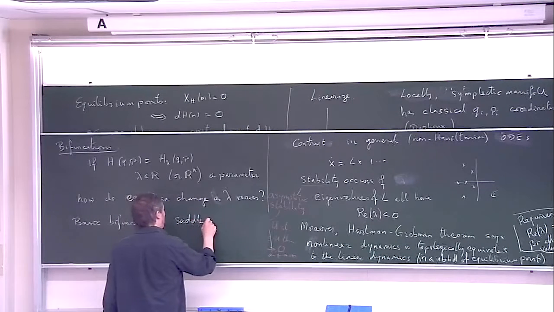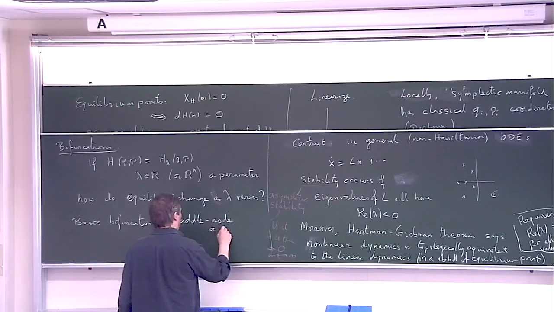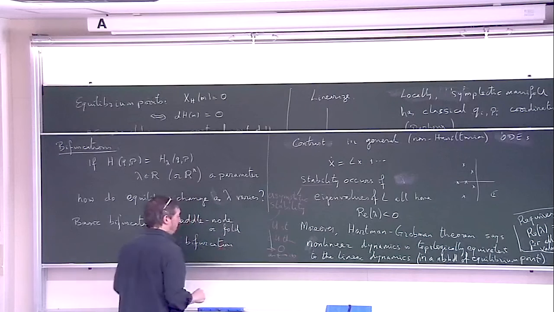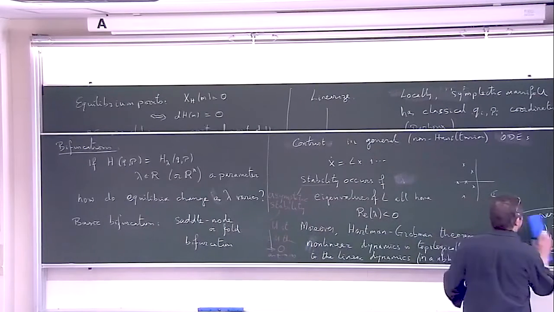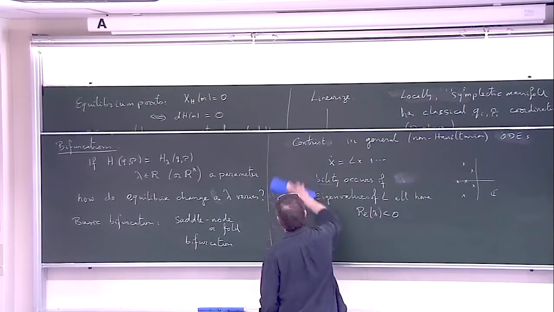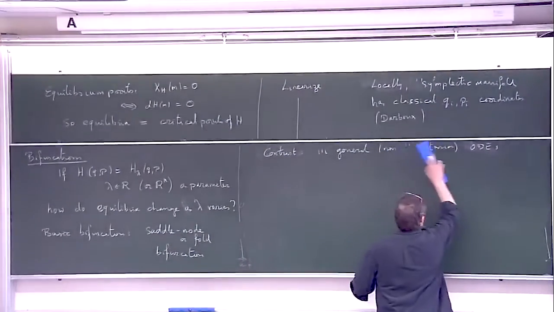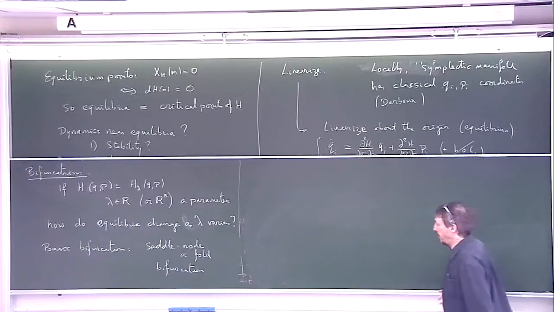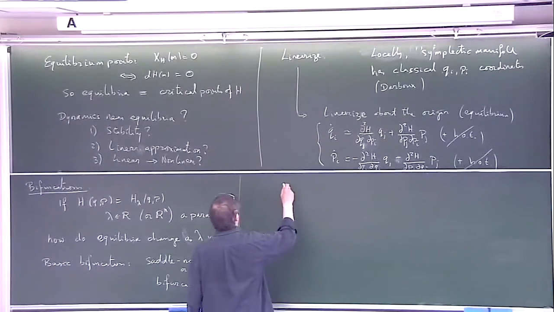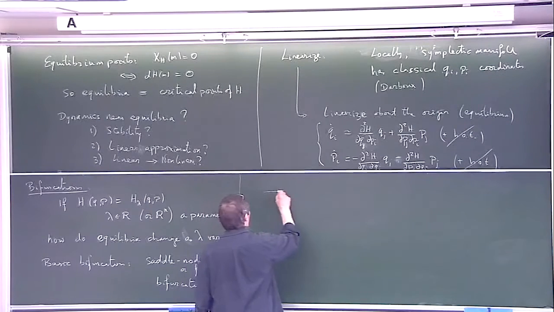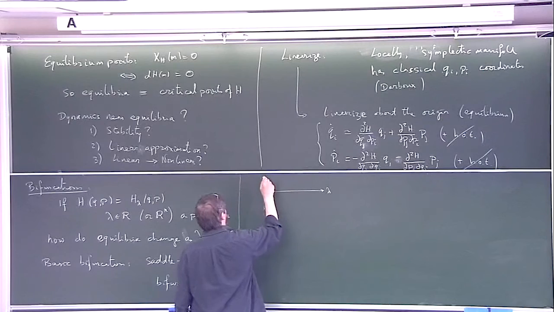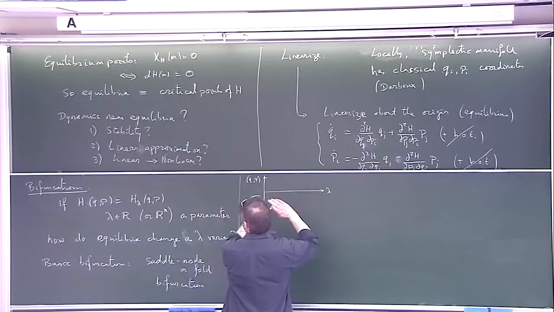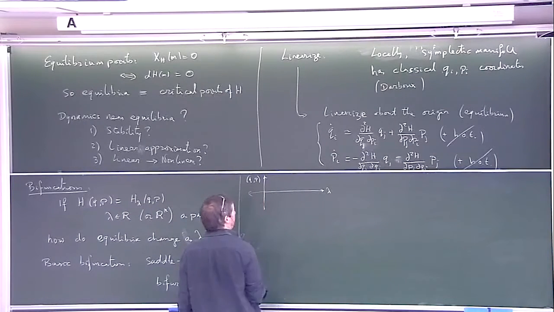It has more than one name. So a schematic diagram depends which way lambda is increasing, or maybe lambda is increasing this way. It doesn't matter. I'll just draw a picture.